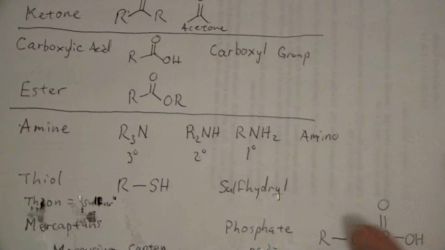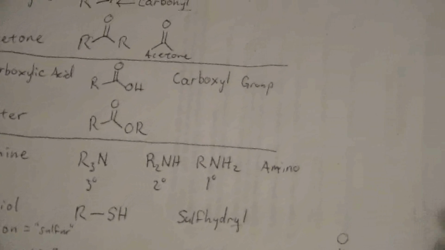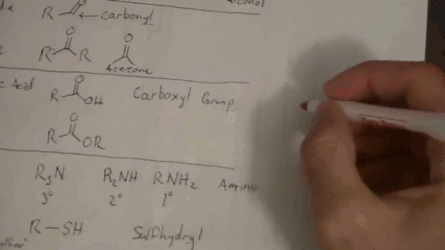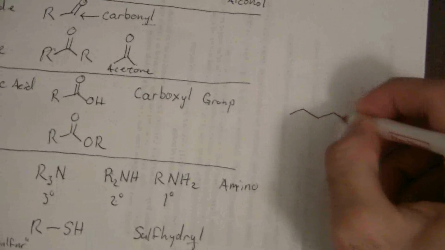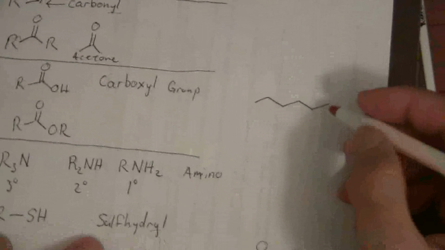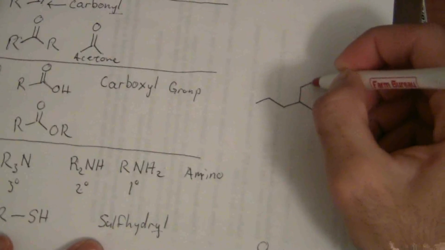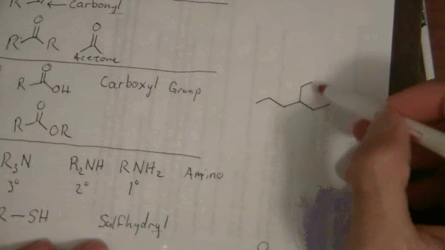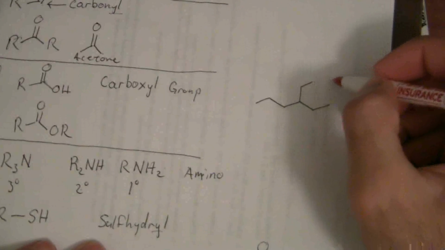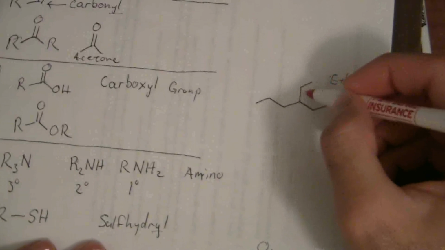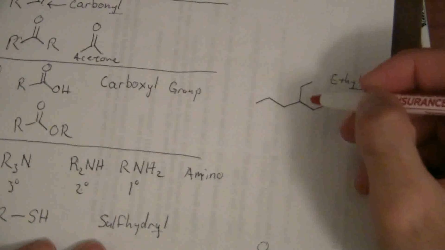And one other term you should be familiar with, if you have something like this. Here's a carbon chain, and let's say you have a side group that is nothing really functional about it, but this group you would name as ethyl, right? Because it has two carbons, and then you change it to that YL ending because it's a group.